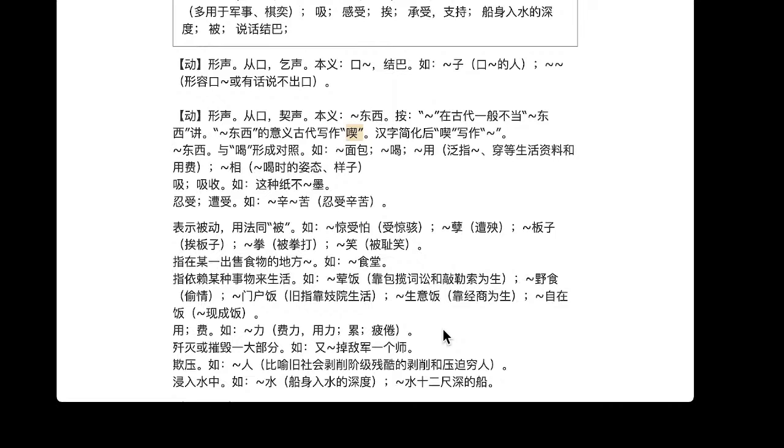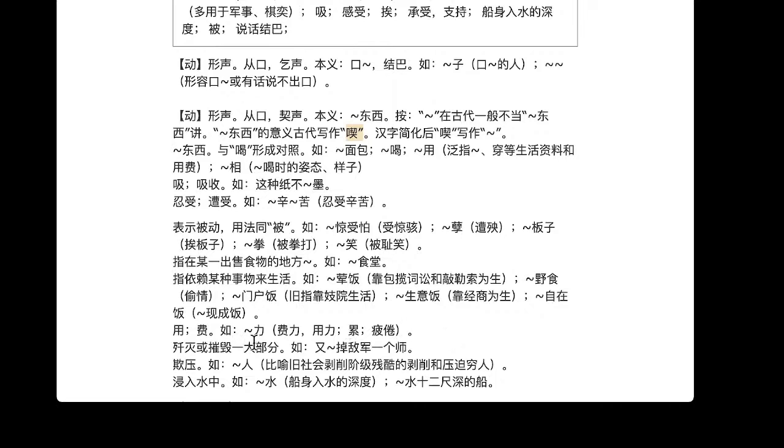So 吃野食, that's how the Chinese expression goes. And then let's say 吃生意饭, 生意 means business. So 吃生意饭 means they live off their business. They make a living by doing business, right?